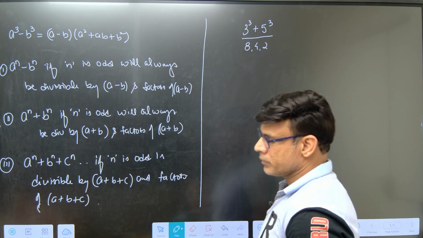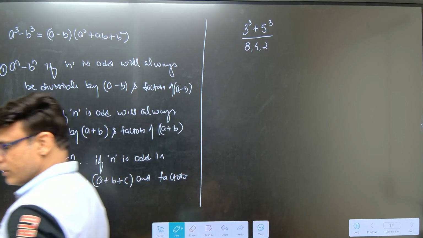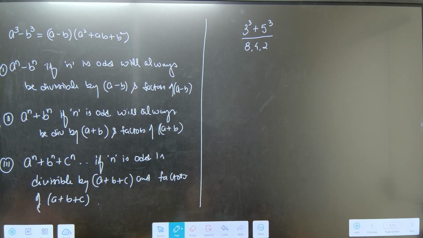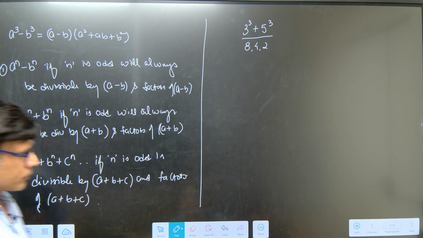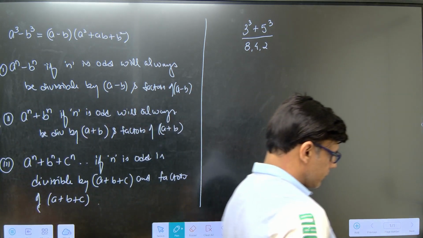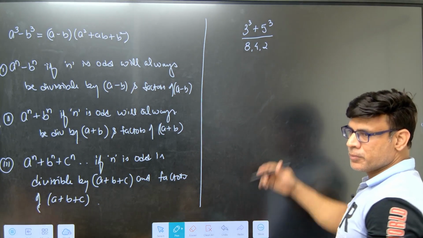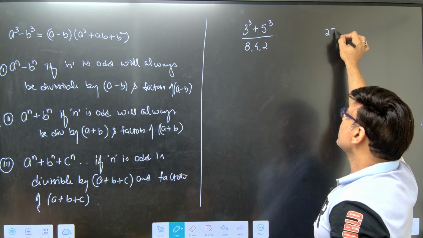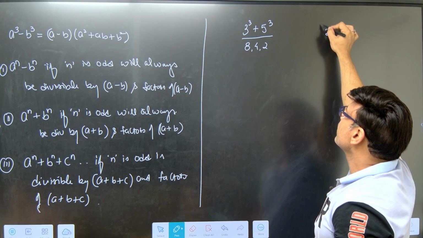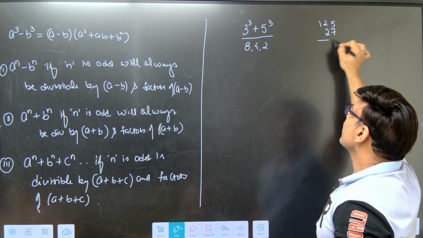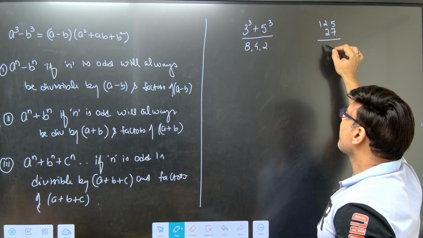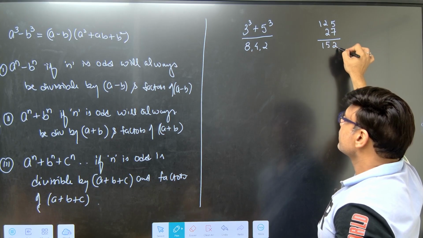because tell me whether it will be divisible by 8, 4 and 2 all three or not. What is 3 cube? 27. 5 cube, how much is it? 125, so the sum is 152, right?